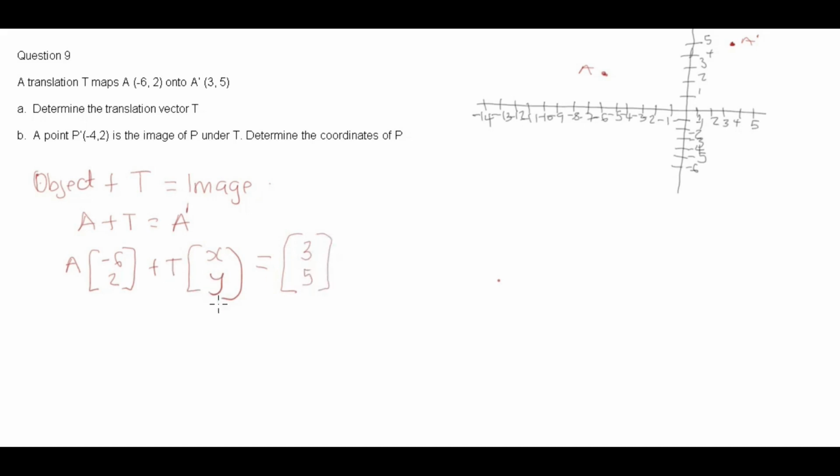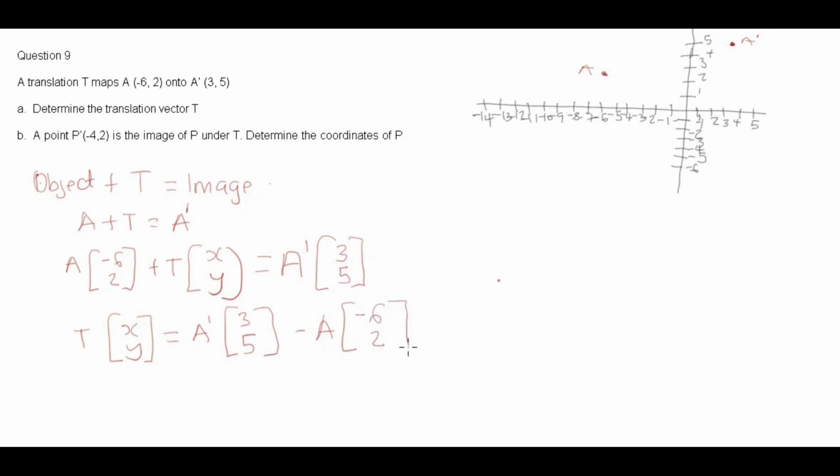So we are being asked to find T. So T is equals to A naught minus A. T (x, y) is equals to A naught (3, 5) minus A, which is (-6, 2), which is equals to 3 minus negative 6 is 9, 5 minus 2 is 3. So our translation vector T is (9, 3).